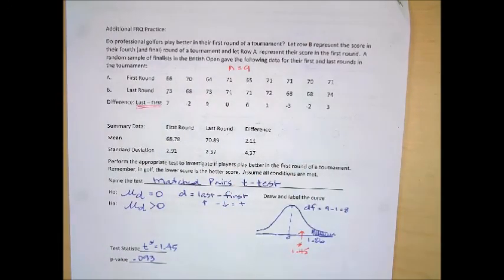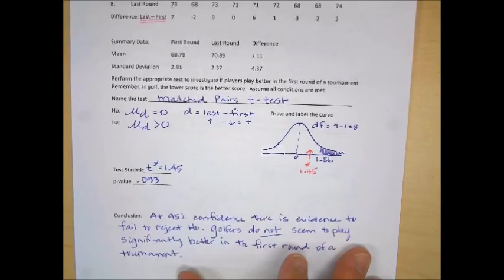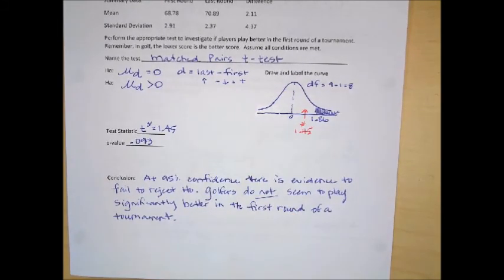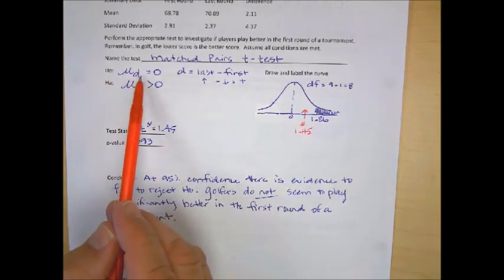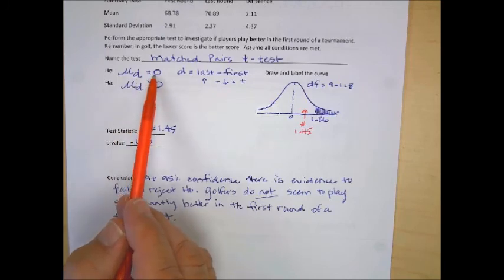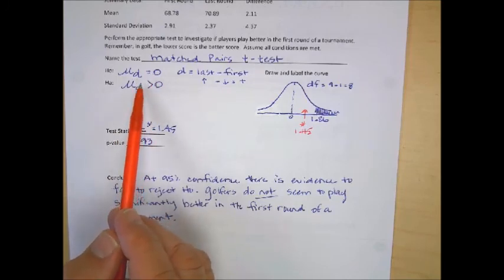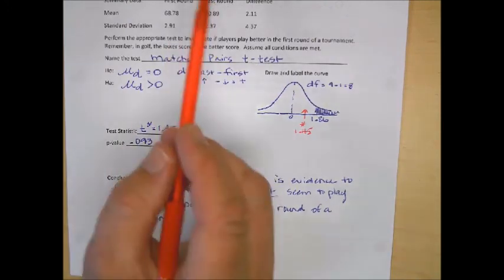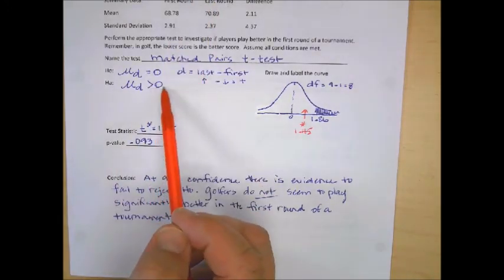Like I said, I don't remember having done this, so I wanted to make sure that we reviewed how to do a matched pairs t-test, because the H0 and the HA are a little bit unique. The H0: mu of D, the average difference, equals 0. Now, the HA in this case: the average difference is greater than 0.